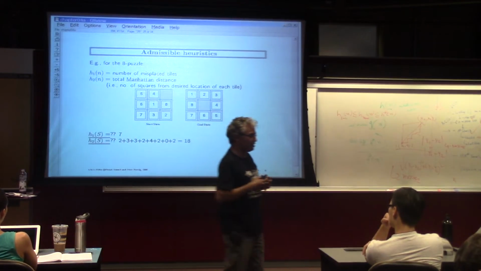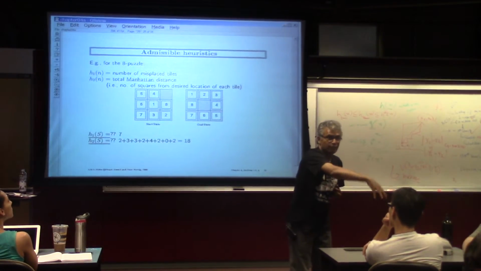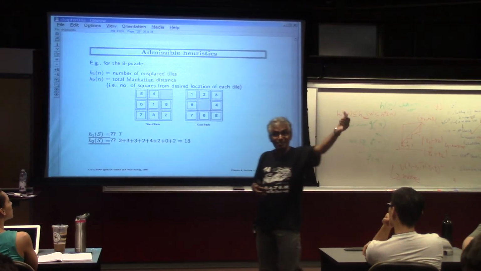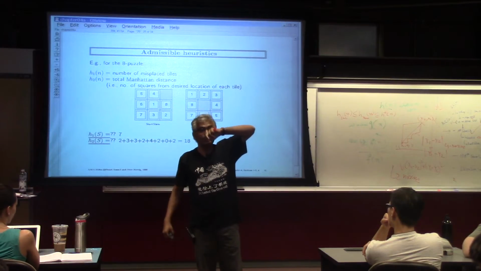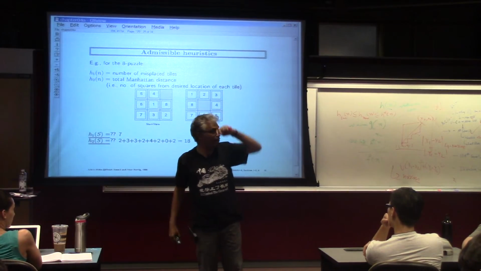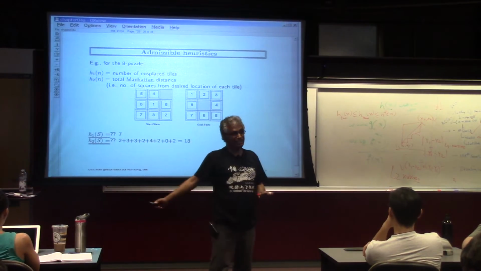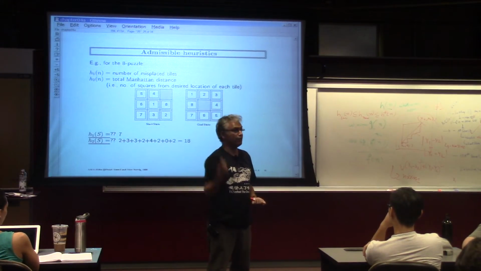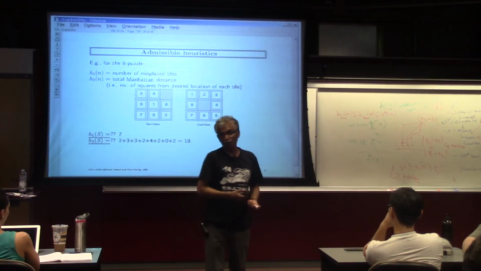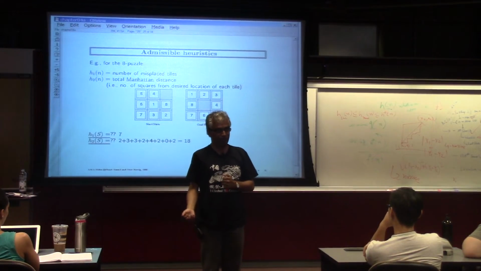Okay, misplaced tiles heuristic, you are saying you can just teleport yourself to wherever you want. You could have done that in Manhattan distance too. In fact, suppose you could just say, I have the ability to teleport wherever I want. I don't even need to use Euclidean distance. In 1 unit time, I'll just go to wherever I want. That would be even more of a lower bound.